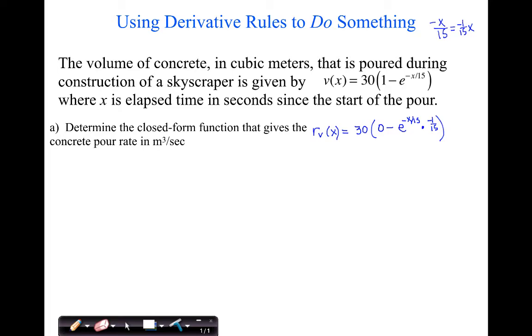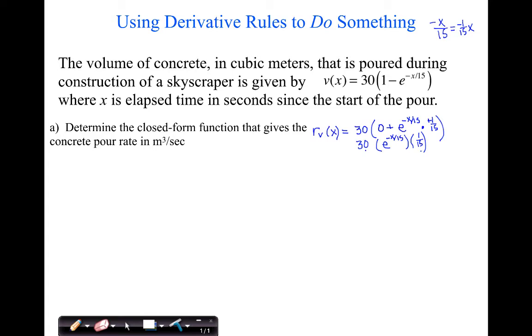So this negative e to the negative x over 15 times negative 1/15 is going to end up being positive. And then, instead of writing 30 times e to the negative x over 15 times 1/15, the 30 and the 1/15, I can just write that as a 2.